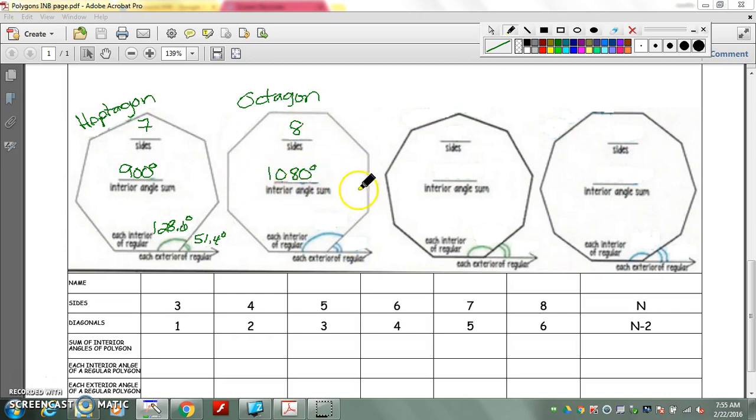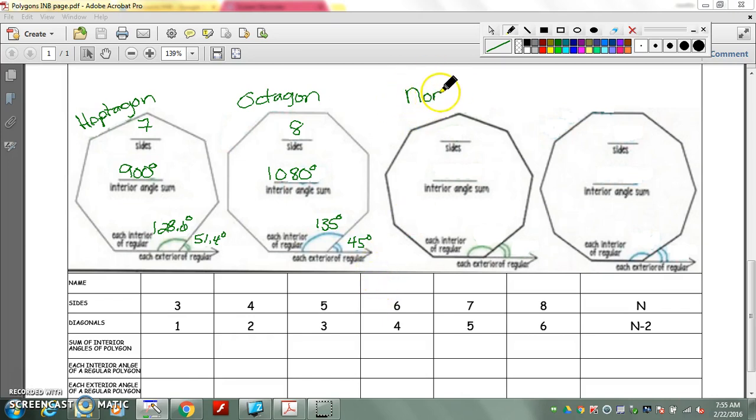So all these angles inside the octagon add up to 1080 degrees. And I'm going to divide that by 8. And I get 135 degrees for each one if it's regular. And then 360 divided by 8 gives me 45 degrees. And again, I can see they add up to 180.